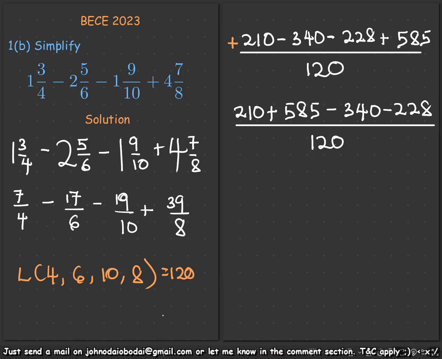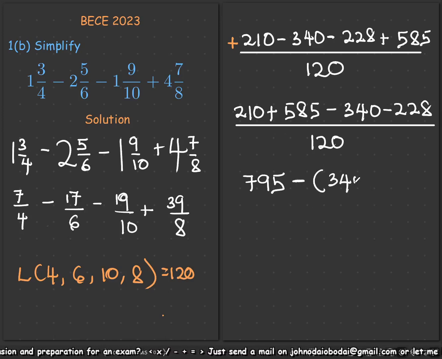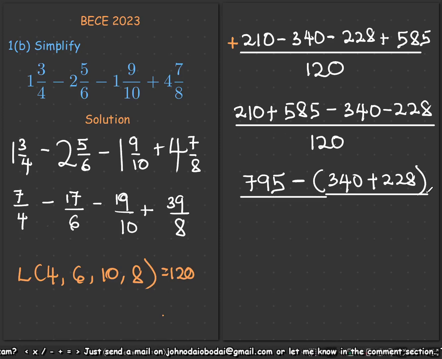Okay, so we now start with our operations. Working on the positive, we have 210 plus 585, and that gives us 795. You can take your time and work that out. Then, because they are all negative, you can say minus, then in brackets 340 plus 228. All we've done here is factorize the negative out.